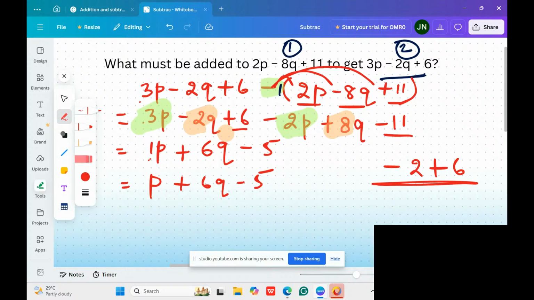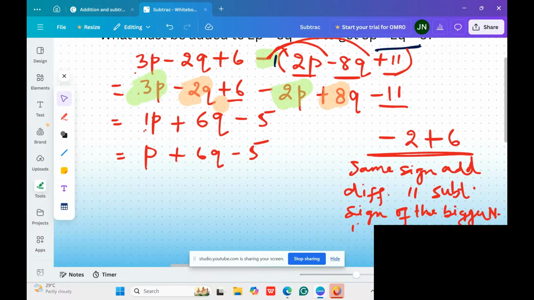This is the combination of combining two integers. What happens in combining integers? Remember, write down this little rhyme: same sign add, different sign subtract. Okay, sign of the bigger number, and you will repeat it with me. Sign of the bigger number, that's how it's exact.